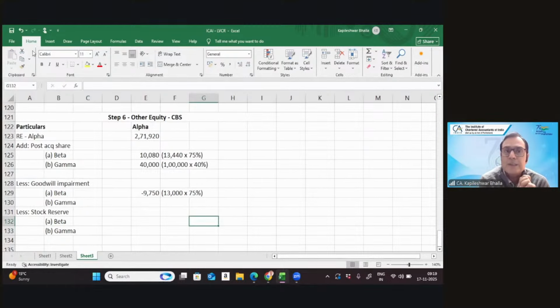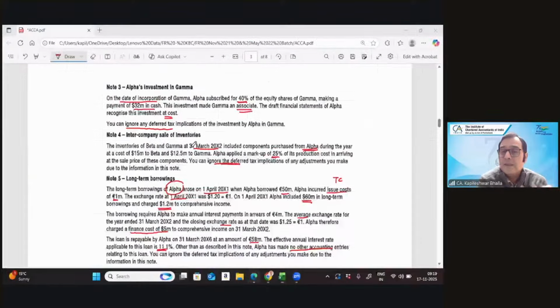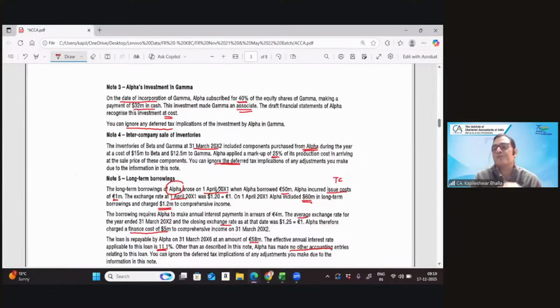Now let's get back to the additional information again. If you go systematic, I don't see that there is much challenge. We are given in note number 4, inventory of beta as well as gamma includes certain components purchased from alpha during the year at a cost of 15 million to beta and 12.5 million to gamma. This is the cost to the buyer.